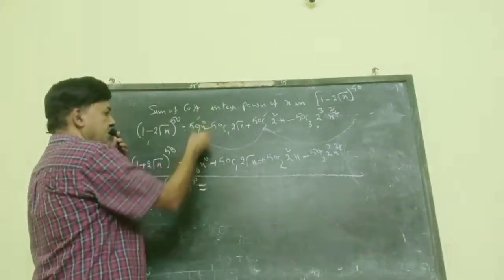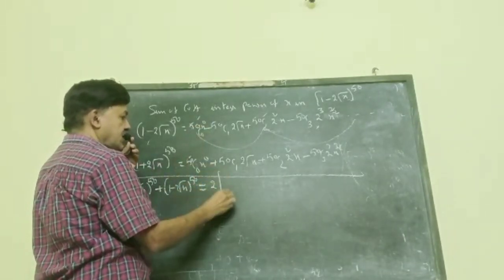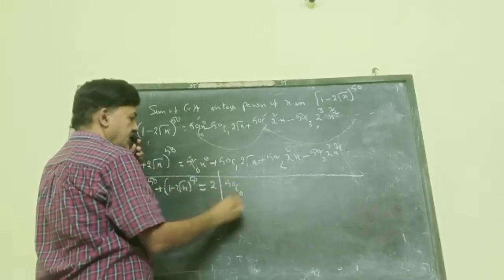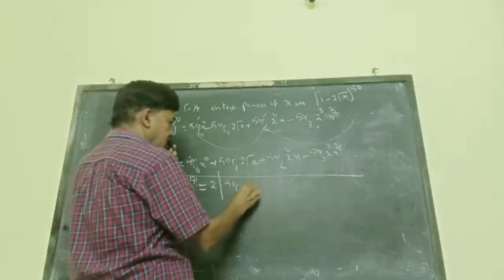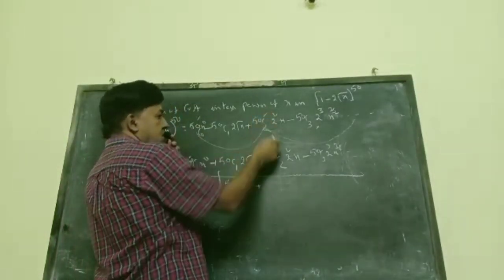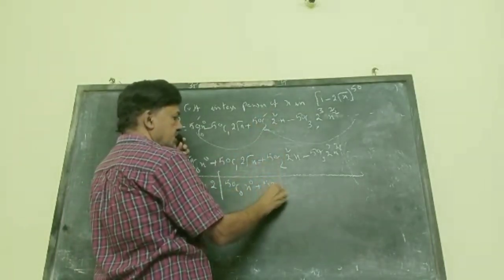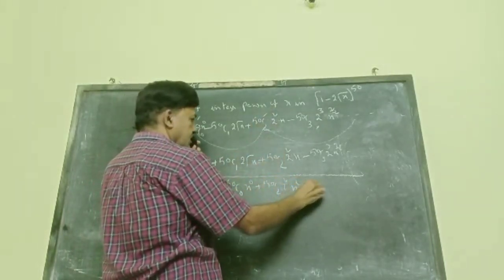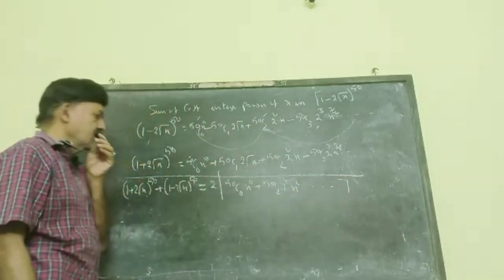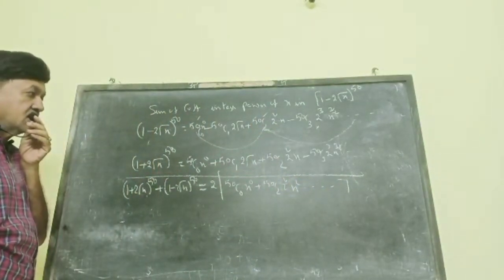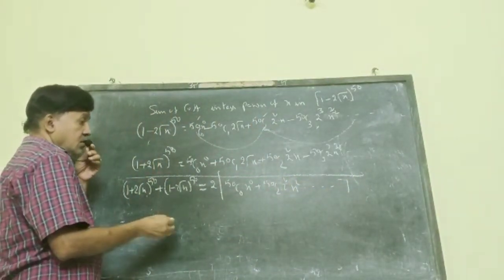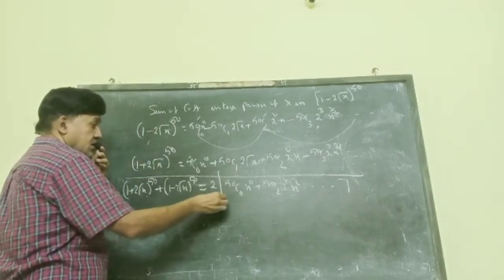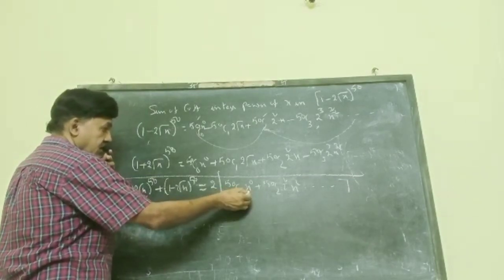This plus this, so it comes twice. Twice into 50C0 x power 0. This is also twice, 50C2 2 square x square, etc. Right. Now you require coefficients. You don't want the x value.